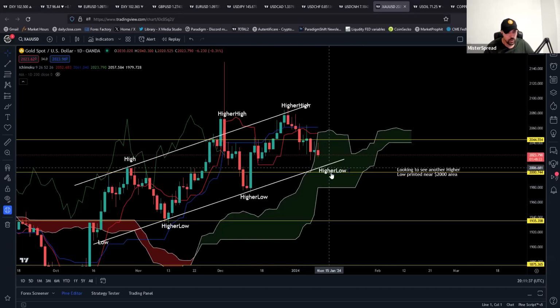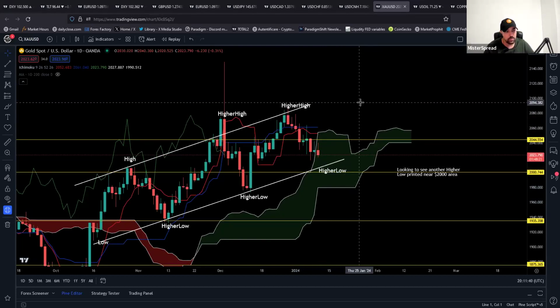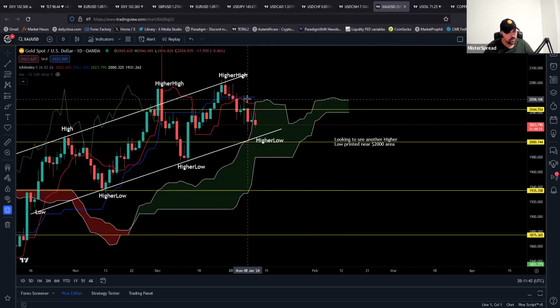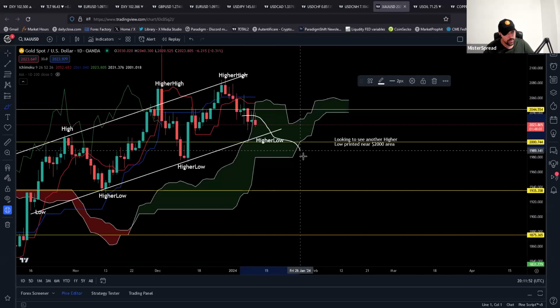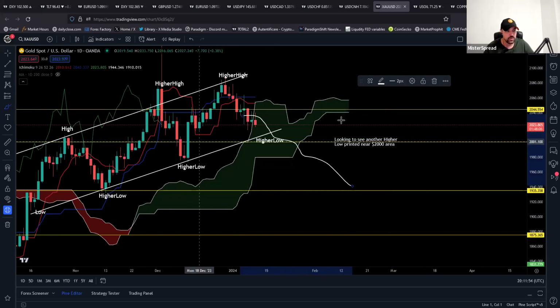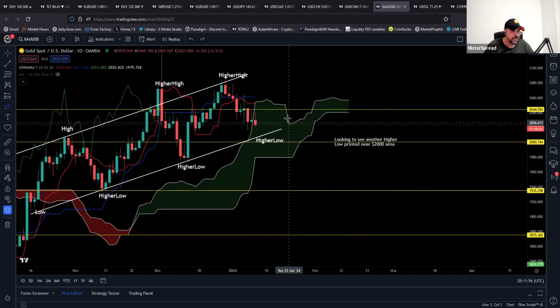If the price goes here without a bounce, we're going to see a TK crossover. We're going to see the baseline dropping from this, and the conversion line going underneath it, and the price doing something like this. Most likely that's going to be the end of this trend. Until then, I'm not going to do anything.